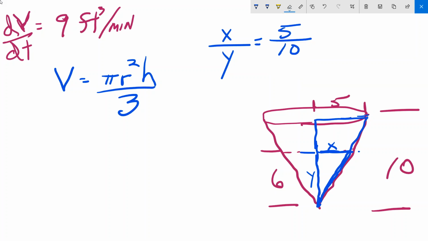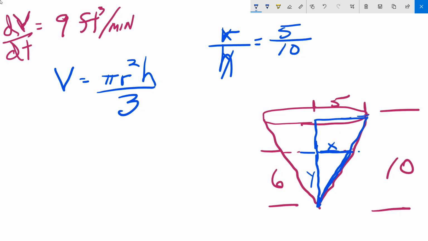That's really our equation, because the water level is at 6 feet, so we're really dealing with that small triangle. But I know that the bigger triangle has a ratio of 5 to 10 between its top radius and its height, so it has to be the same ratio for x to y. y is h, and x is r.